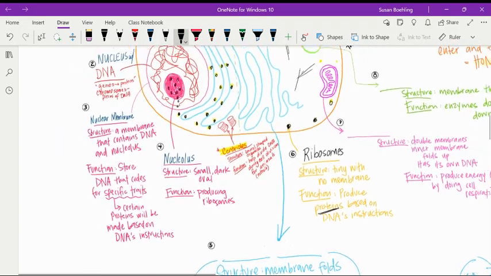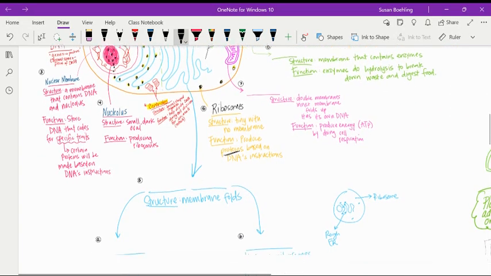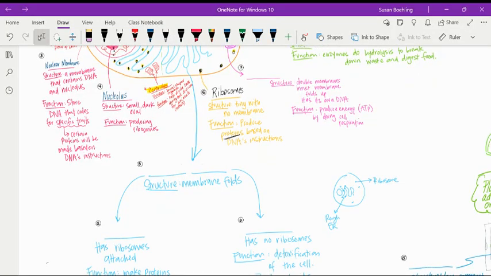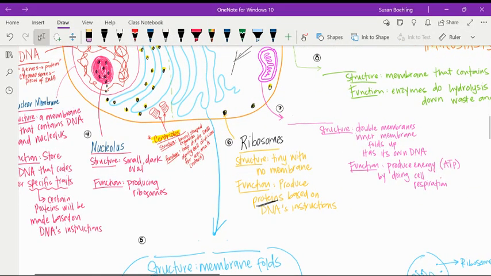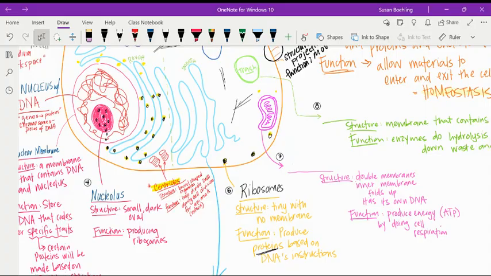Where is number 5? Okay, so number 5, some of these ribosomes are embedded within this membrane, which I'm pointing out here. Do you see this light blue line?